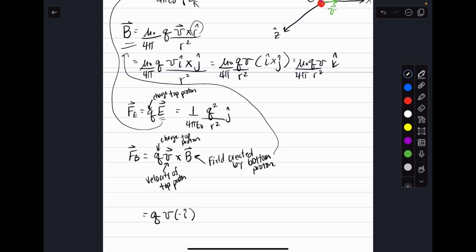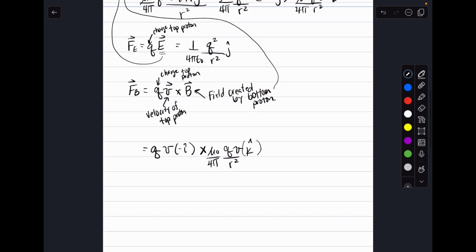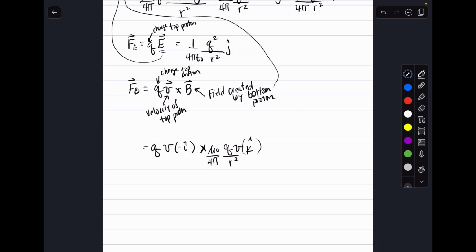We're crossing that with this stuff right here: mu naught over 4 pi, q v over r squared in the k hat. I'll just put little parentheses around it so we can see the directions better.